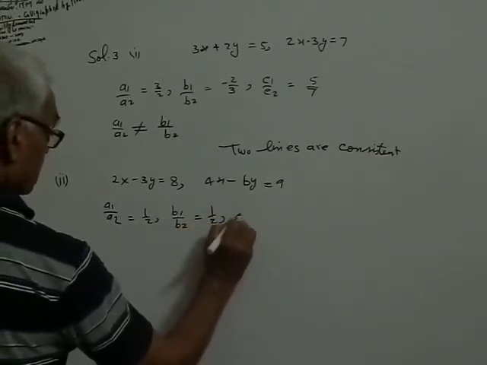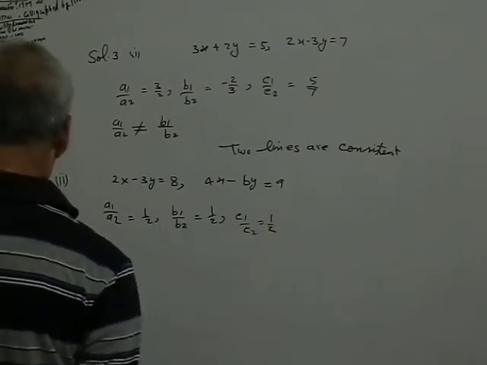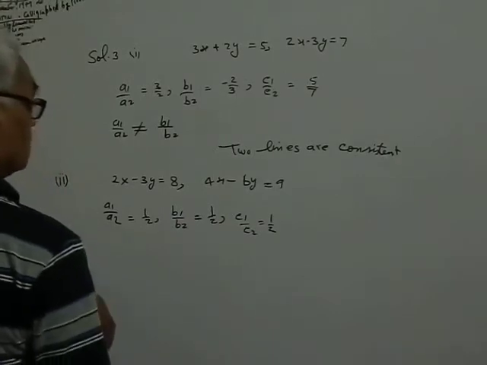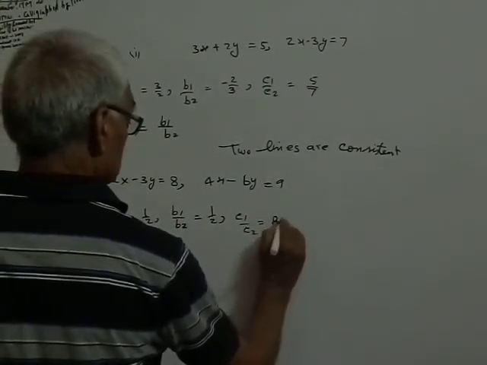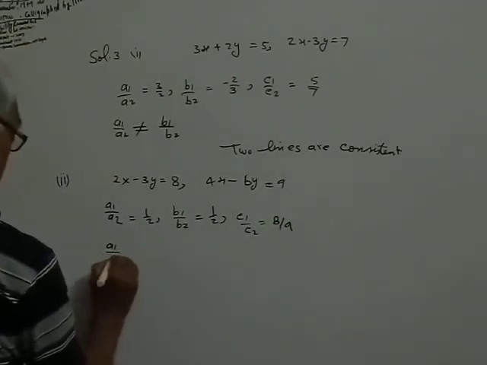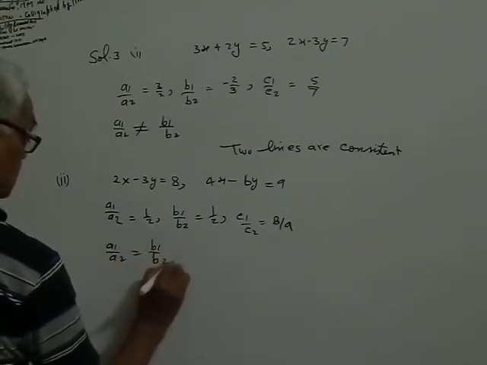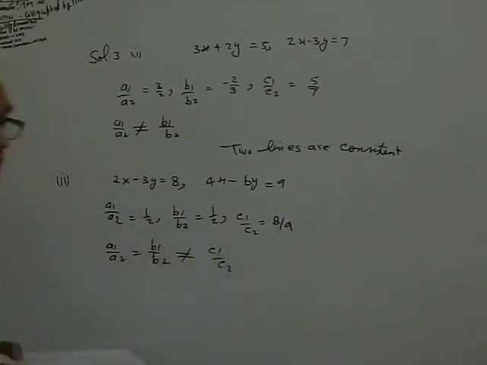and c1 upon c2 is equal to 8 upon 9. Hence, a1 upon a2 is equal to b1 upon b2 is not equal to c1 upon c2.